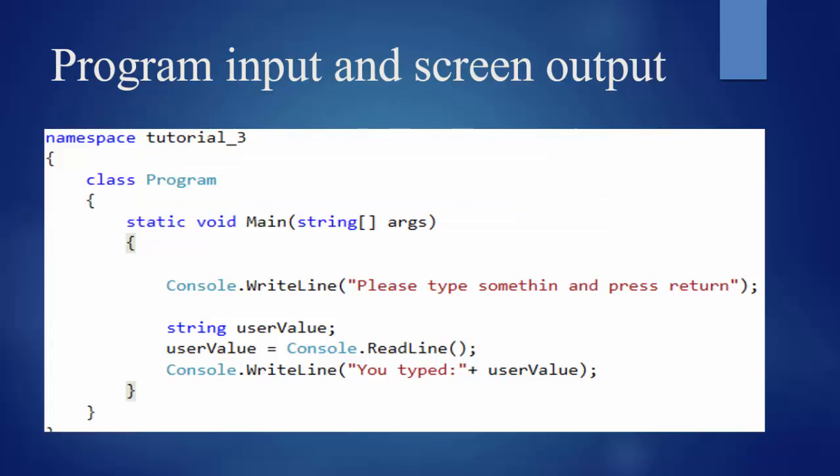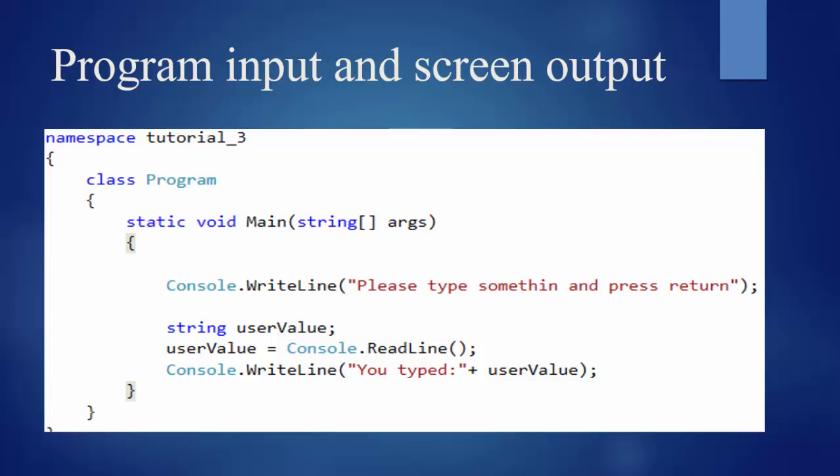For my last code, it will explain the program input and screen output to the application. Alright, the code is on our screen and we're going to break it down. The console write line, please type something and press return, gives instructions through the console.